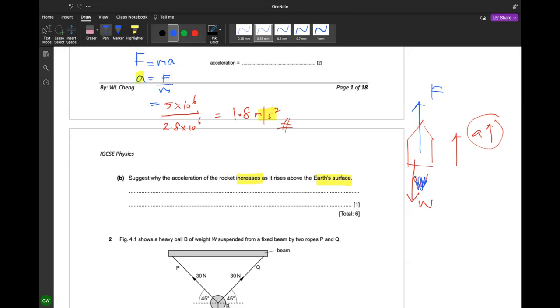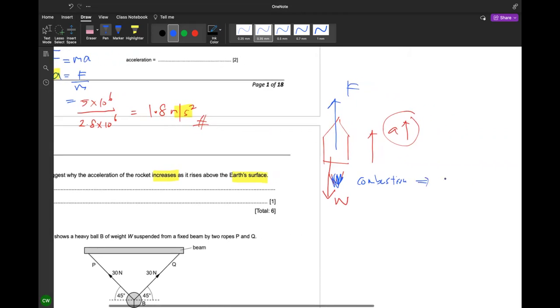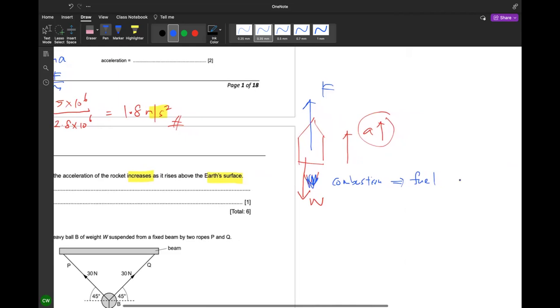It goes up because it is burning. What causes something to burn? Because of the fuel. Fuel is burning, and the fuel is discharged downward.